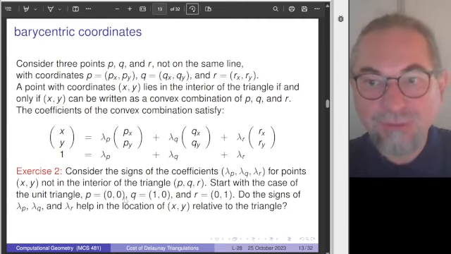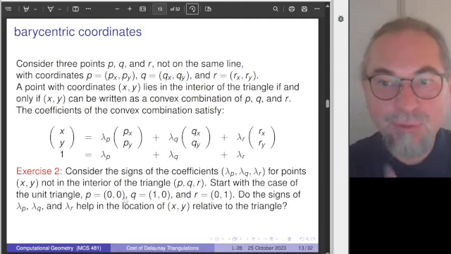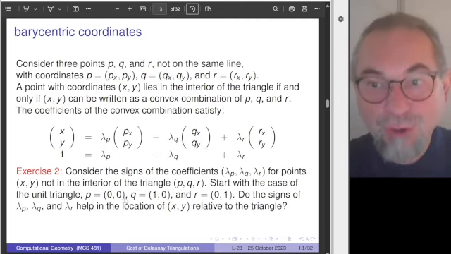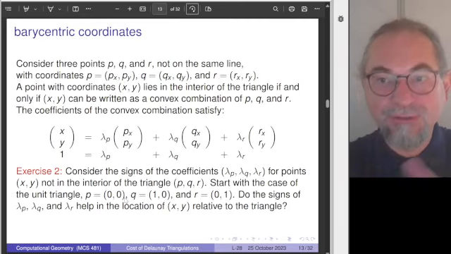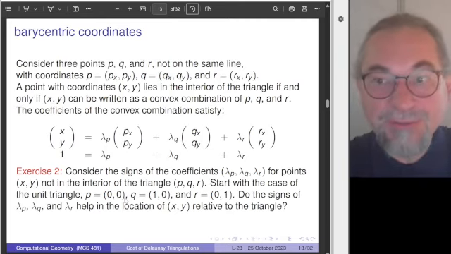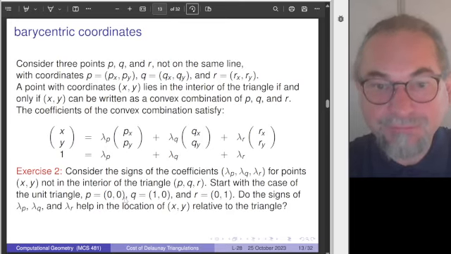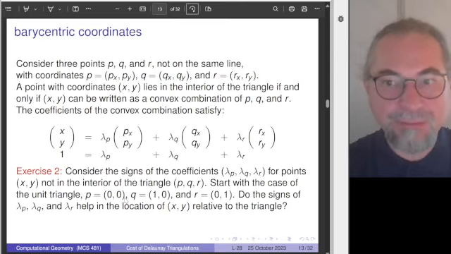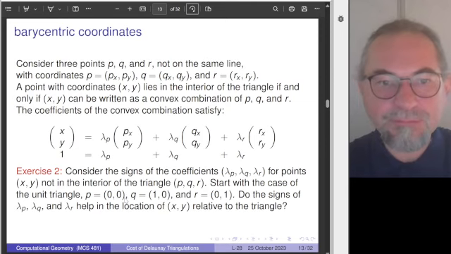The triangle has three sides, three edges, which edge you have to cross to get into the triangle that is adjacent to this triangle. This helps in the navigation. So that's the point of this exercise.